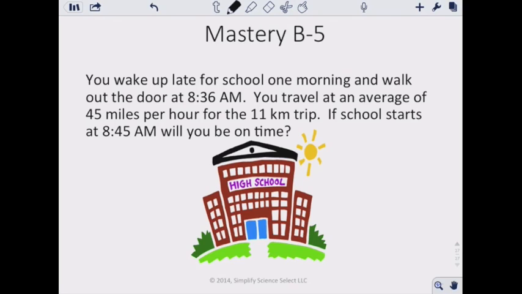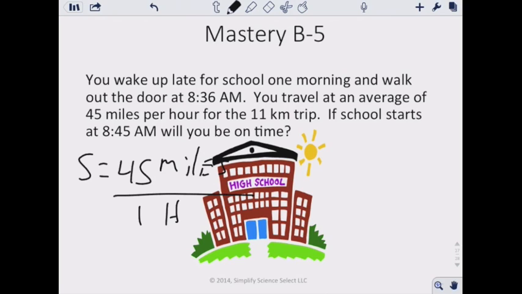We're given S, which is speed, 45 miles per 1 hour. And then we're also given the distance as 11 kilometers.